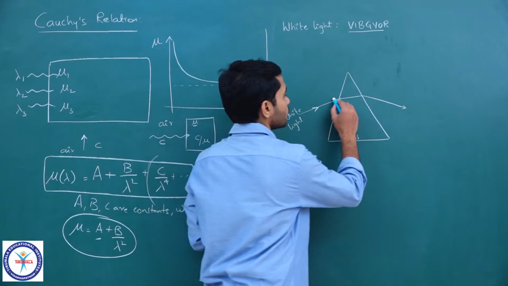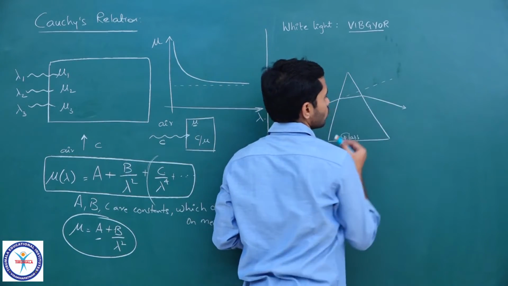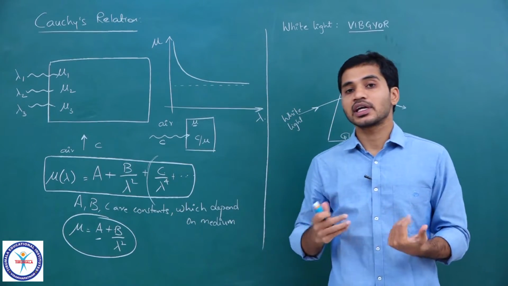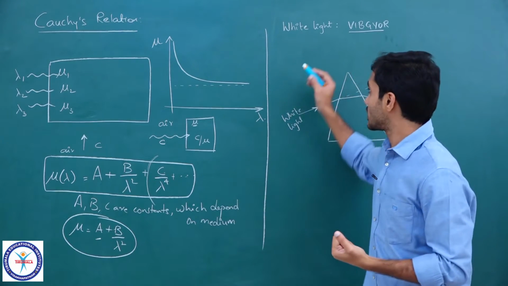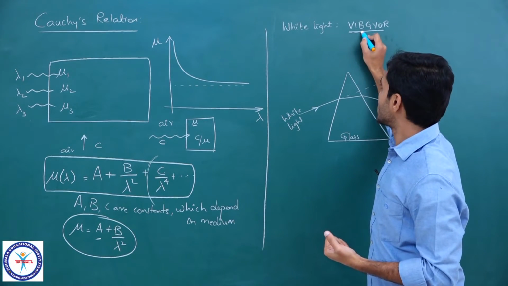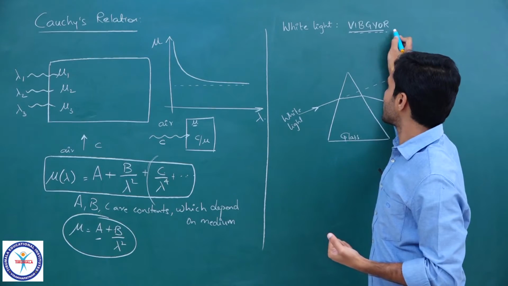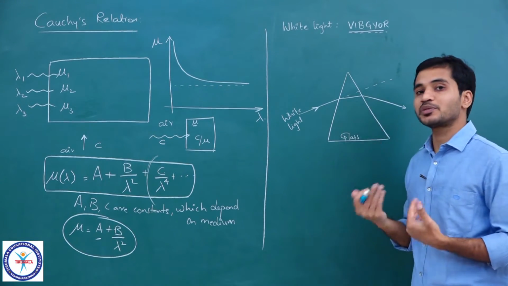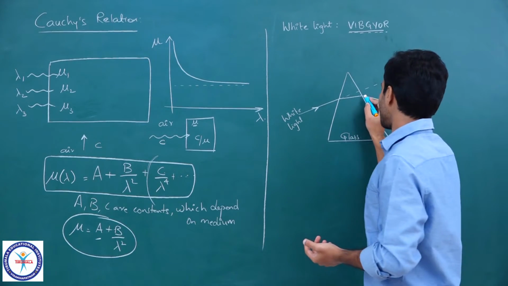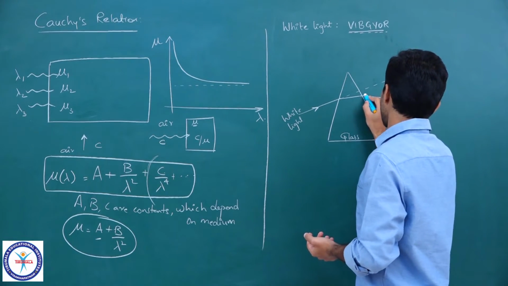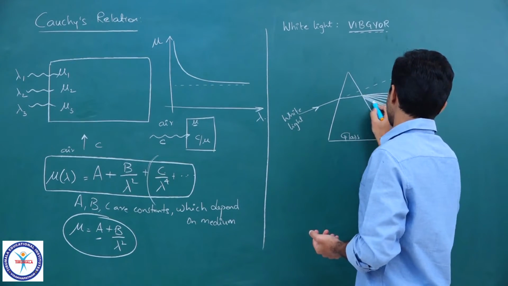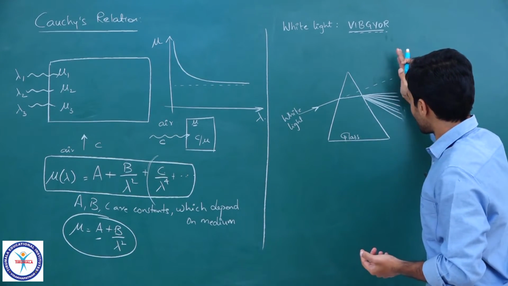If this was the initial direction, by the time the light rays come out, because each color experiences a different refractive index, different colors will experience different deviation. As a result, you would observe the light rays deviating by different angles in this manner. This is what you would observe eventually.